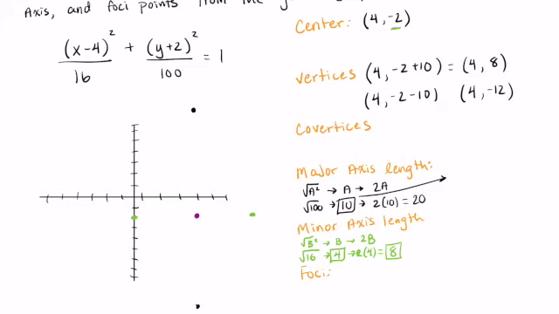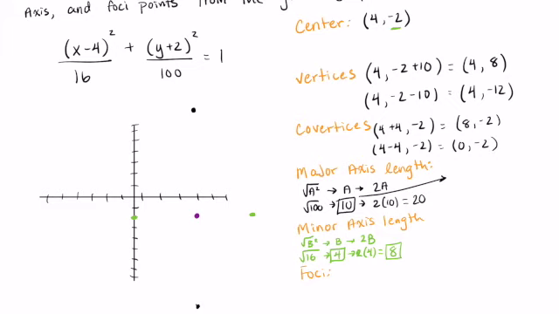Since x is changing now, I'm going to have 4 plus 4, comma, and -2 will stay the same. And then we'll have 4 minus 4, and negative 2 will stay the same. That gives me 8 comma negative 2 and 0 comma negative 2.